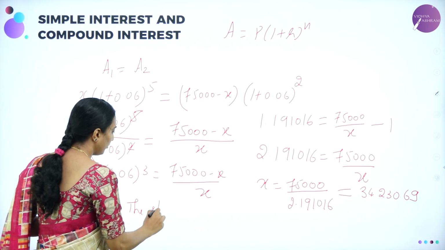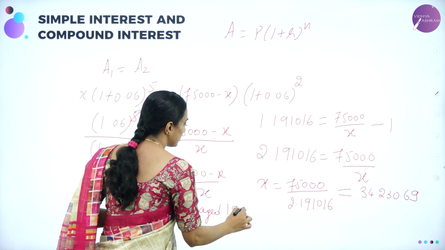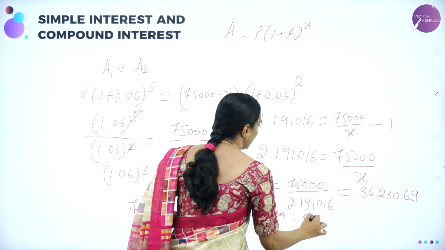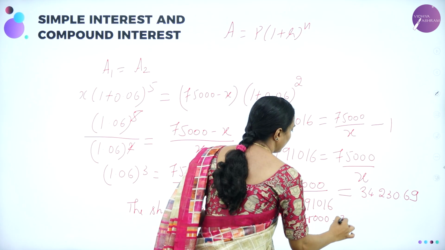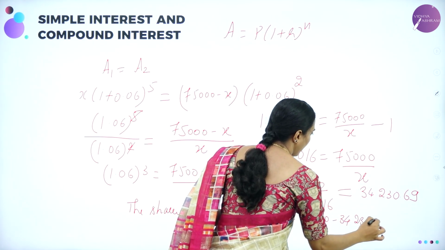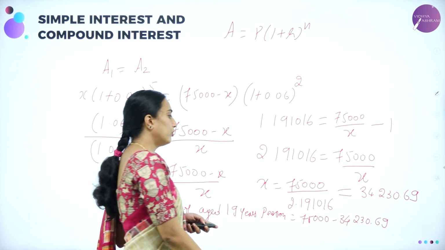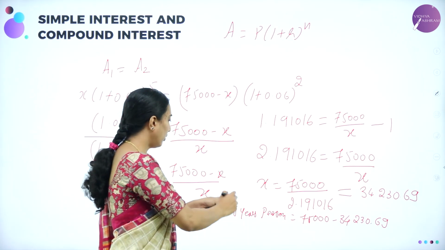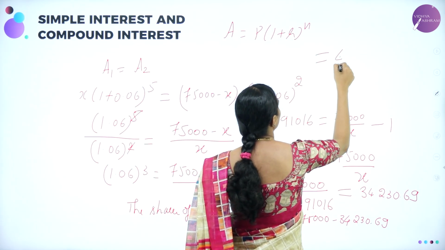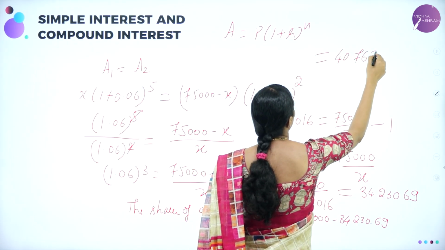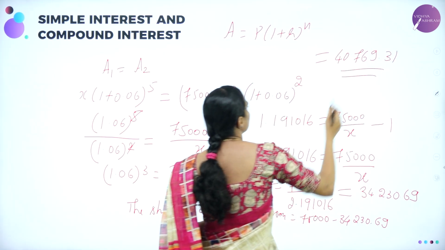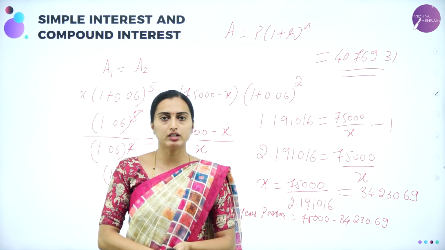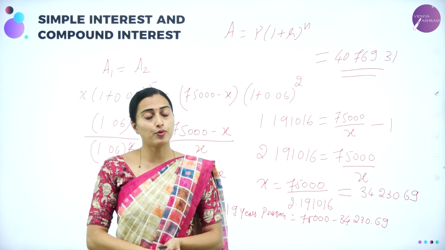Therefore, the share of the 19 years aged person is equal to 75,000 minus 34,230.69, which gives 40,769.31. This is the share of the 19 years aged person. Are you getting this? I hope you understood this problem.